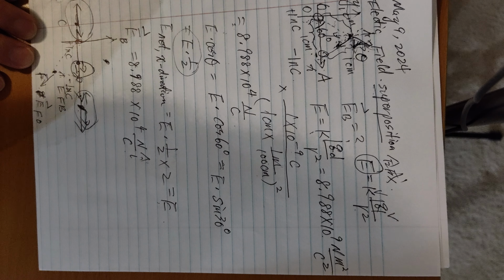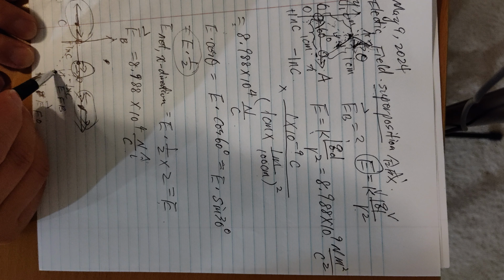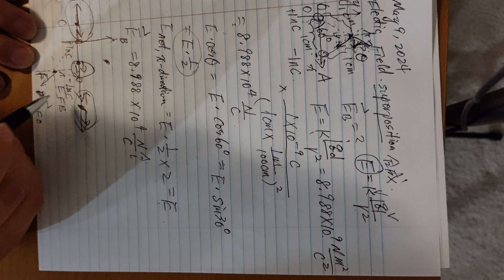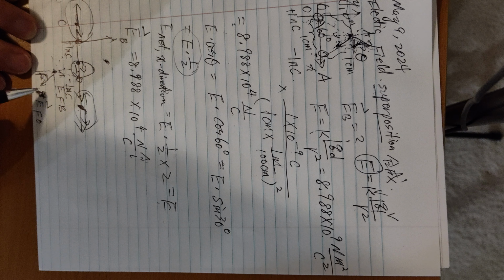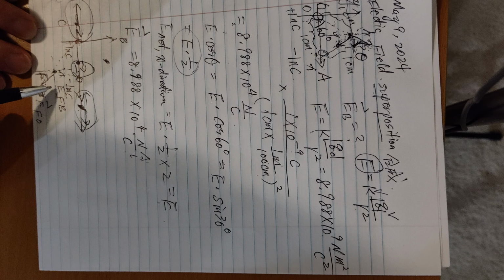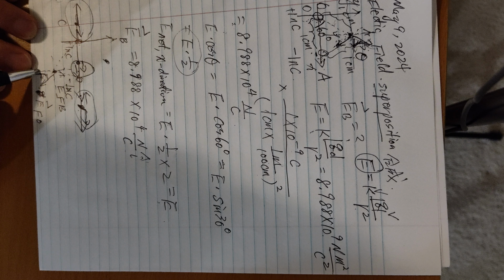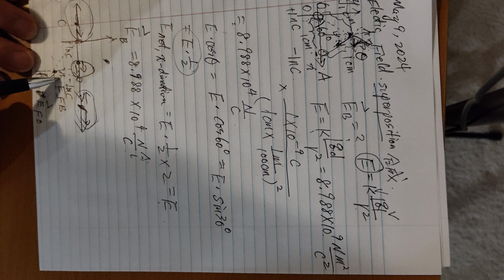How do you do that? I think one way you can do is the following. You find the component in the y direction and in the x direction, so you get one component of each. And then you also find the components of this electric field in the x direction and in the y direction. You get a second pair. And then you add those two y components, and you add those two x components.